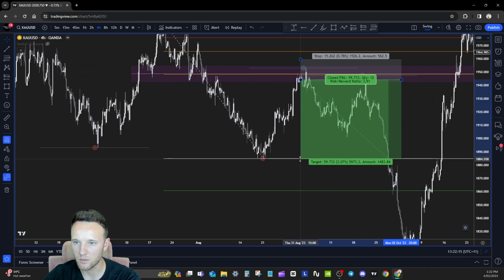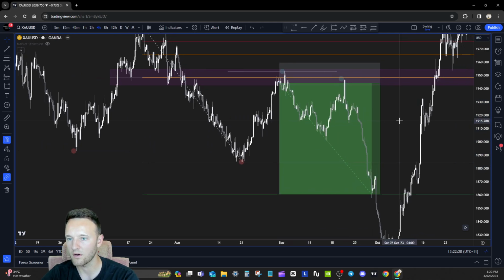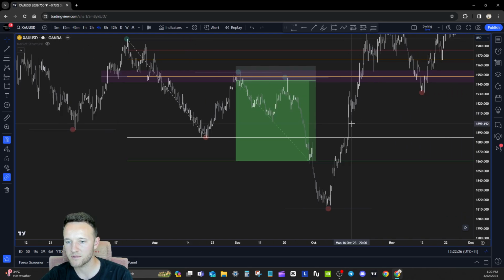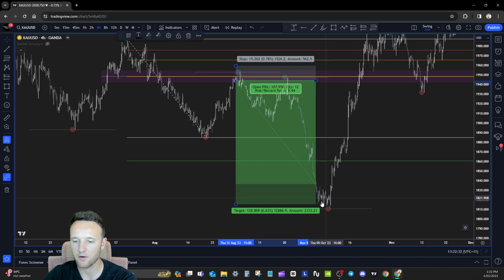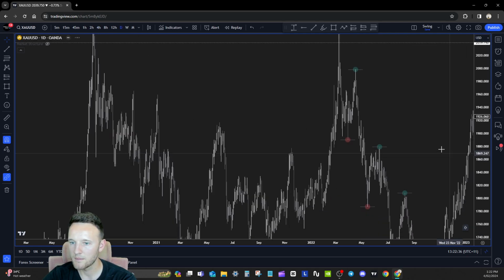The first target you would get a 1 to 4-ish. The second target you'd get a 1 to 5.5, which is still really good. It's still 837 or so pips, and then of course price continues down after that for over 1,000 pips, and finally creates that lower low. Okay, so that is another beautiful example.